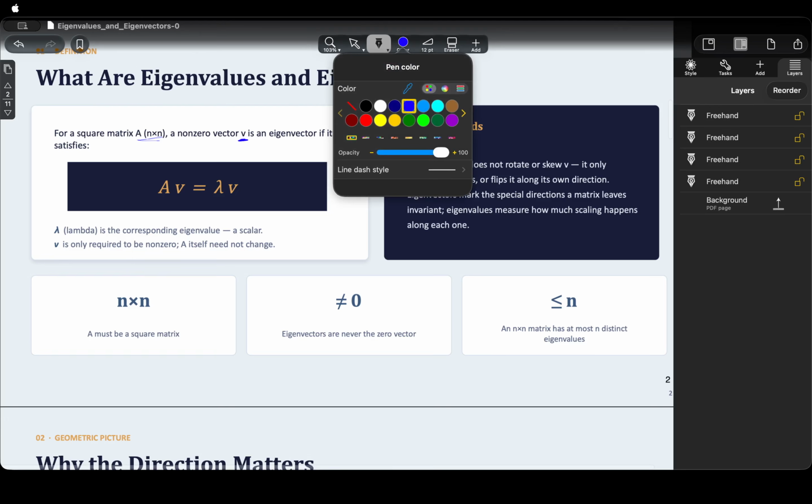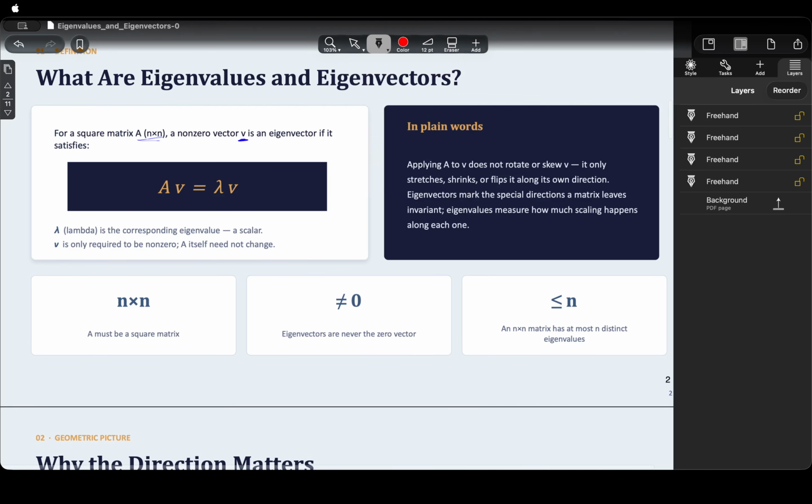This lambda is the eigenvalue, which is our scalar. Then you have your V, which is your non-zero vector, and it's called the eigenvector as well. So these are the properties you have to have in mind when you are talking about eigenvalues.